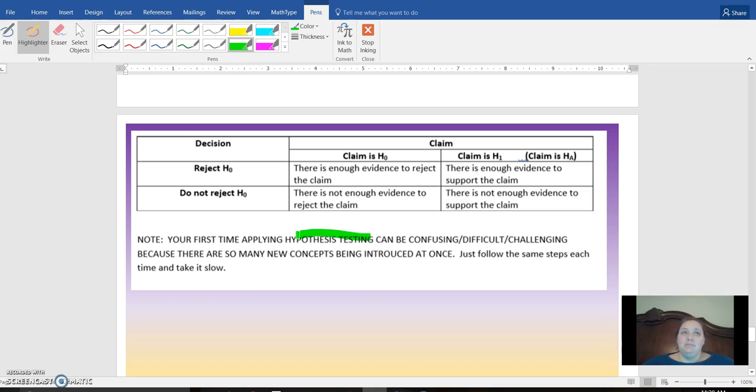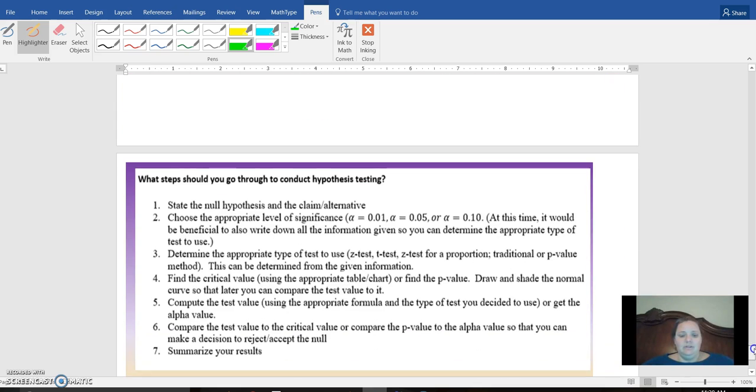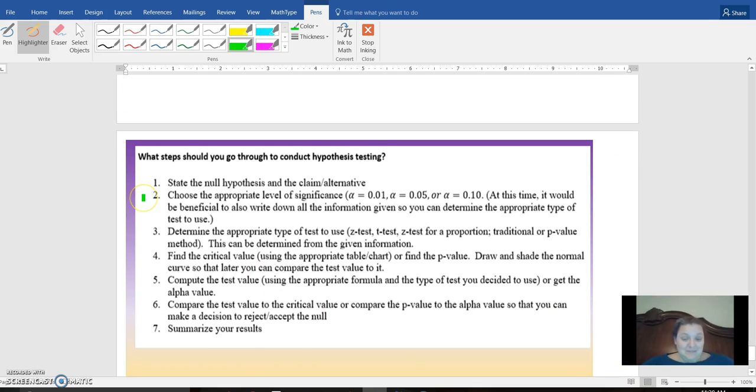Hypothesis testing is confusing for me because there are so many steps, and we have to go through all of them and then make a conclusion. We often test the opposite of what we're really looking for. So be patient with yourself. There's a ton of steps.